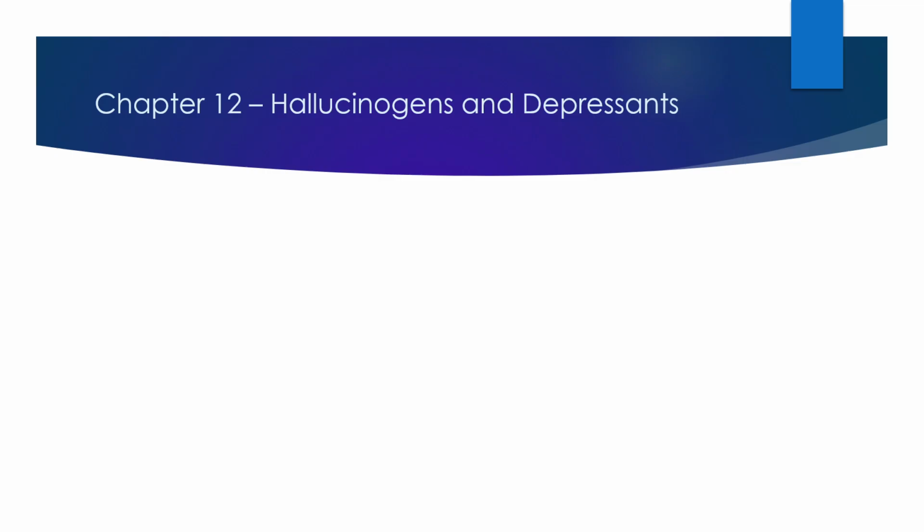So what I'm going to do is limit the discussion basically to LSD, one major type of hallucinogen, and then I'm going to leave it to you folks to familiarize yourself with the other hallucinogens, and also the sections on depressants.